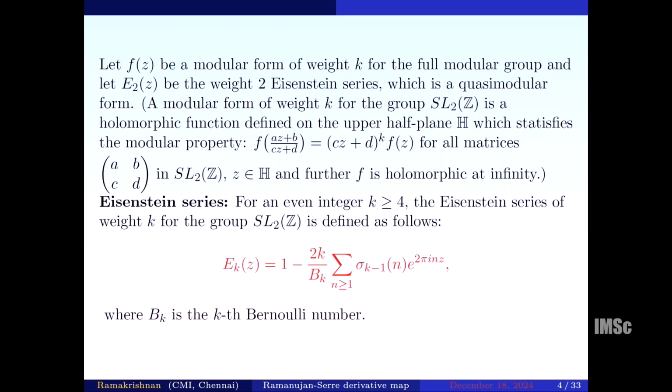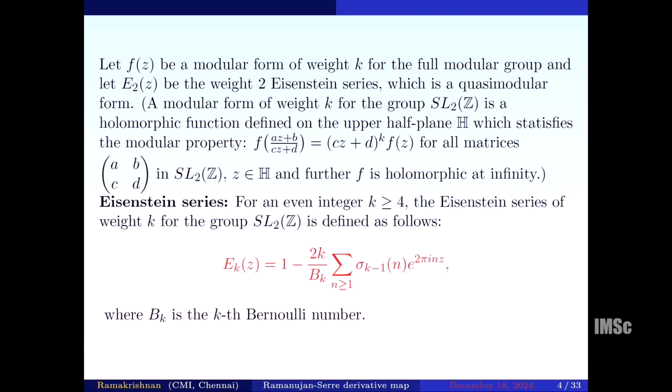E_2 is the weight 2 Eisenstein series, which is a quasi-modular form, and the usual Eisenstein series is given by E_k(z) = 1 - (2k/B_k) summation sigma_{k-1}(n) e^{2 pi i n z}. The Eisenstein series are weight k modular forms for the full modular group, and the coefficients involve the divisor functions. So, if you multiply two Eisenstein series, the convolution sum of the divisor function will appear.